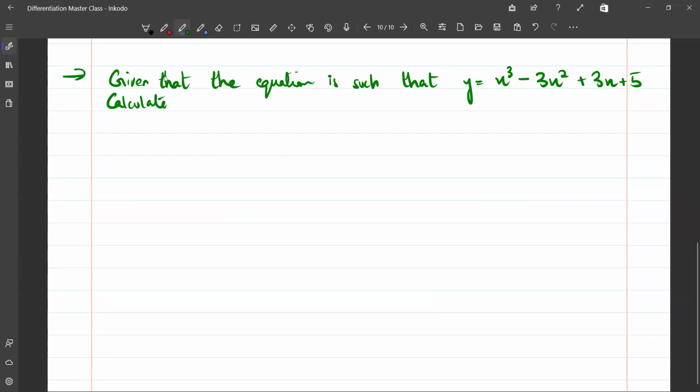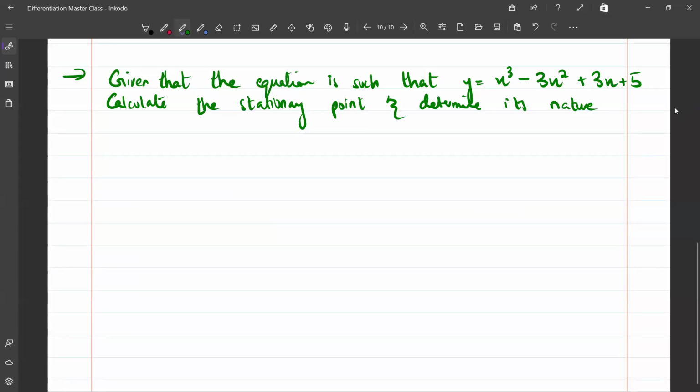Calculate the stationary point and determine its nature.